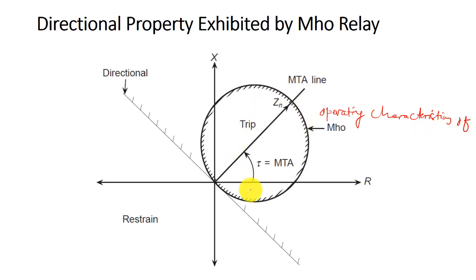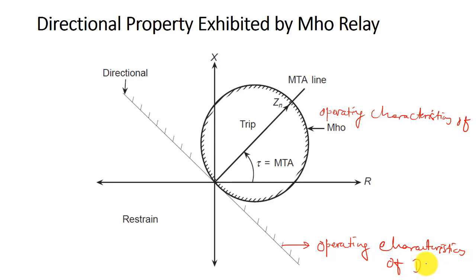We can see very clearly that it is lying exactly within the trip region of the directional element. This is the operating characteristic of the directional element.